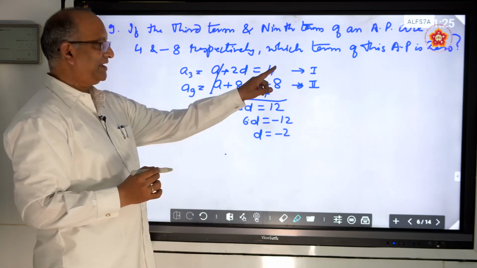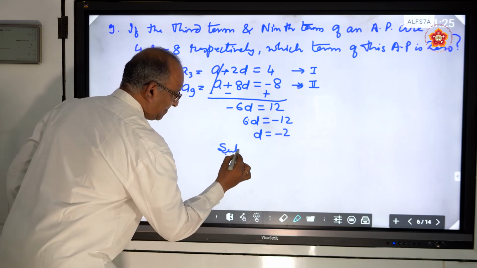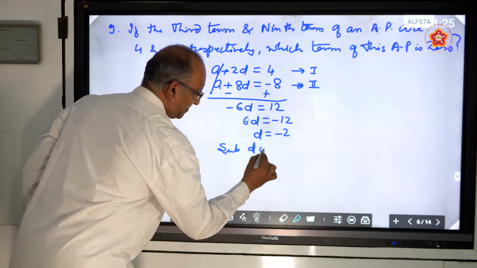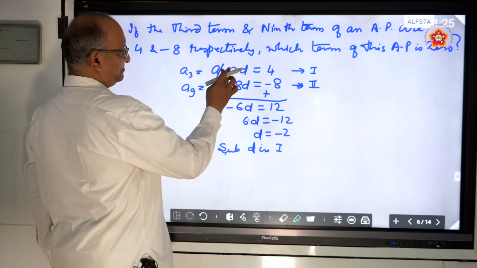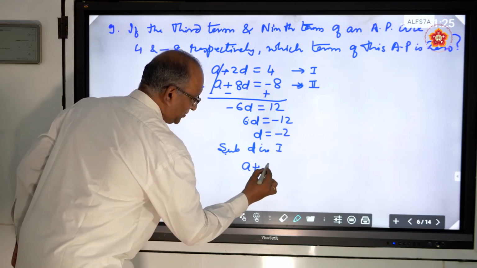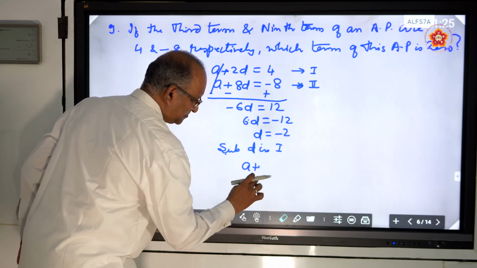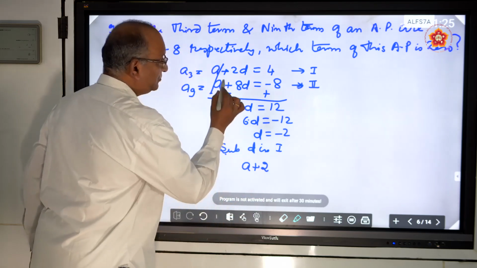Substituting the value of d in the first equation, wherever d is there, substitute minus 2. So you will have a plus 2 into d.